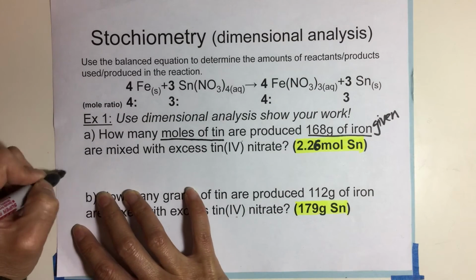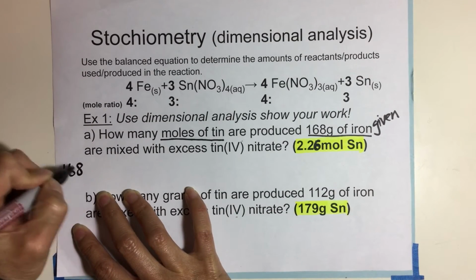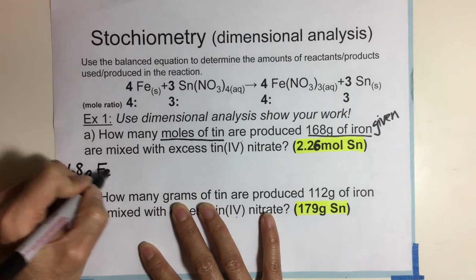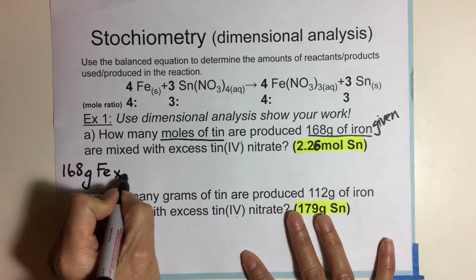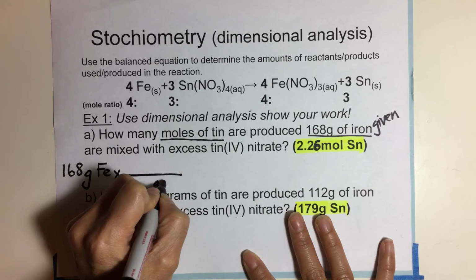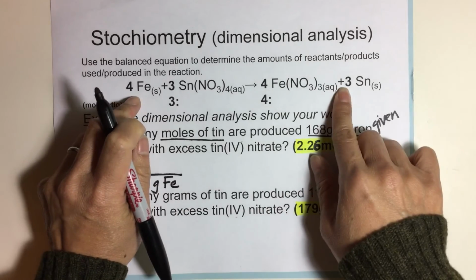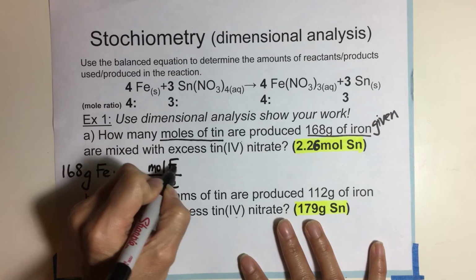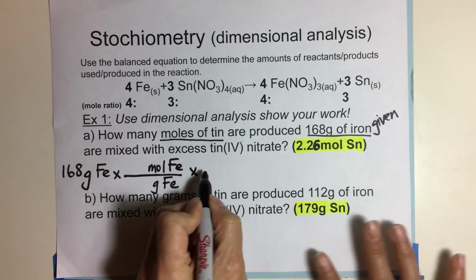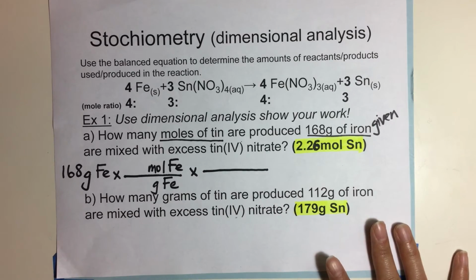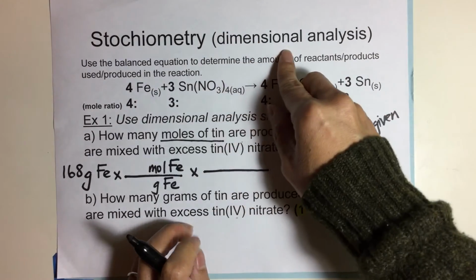Okay, so you start off with your given 168 grams of iron. You want to convert that iron into moles first. You don't want to leave it in grams, because to do this mole ratio, you must convert it to mole units. So I'm going to set up my units first, class. I've always emphasized units first, because this is called dimensional analysis.